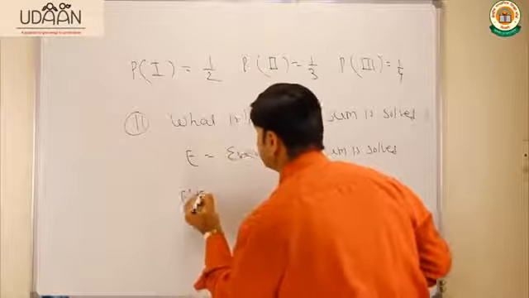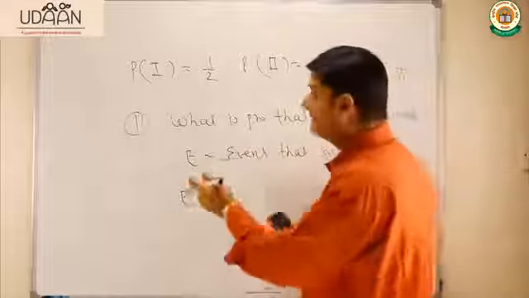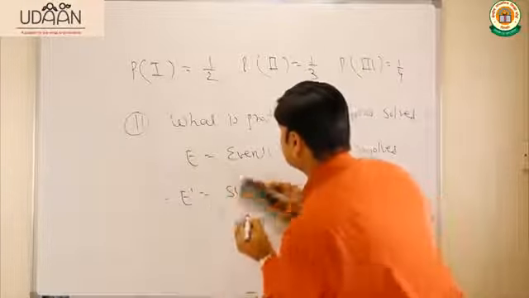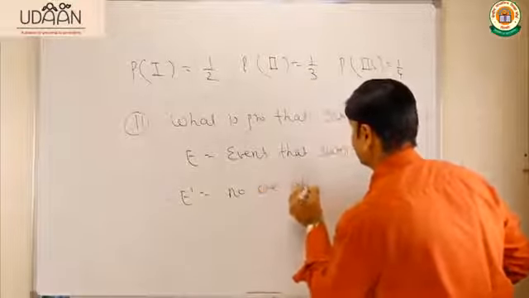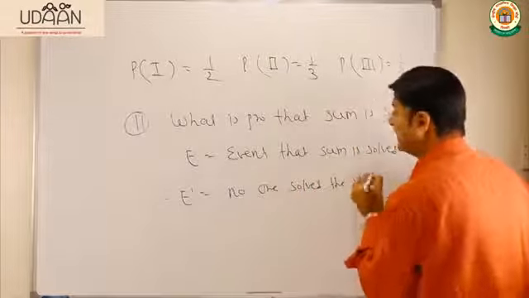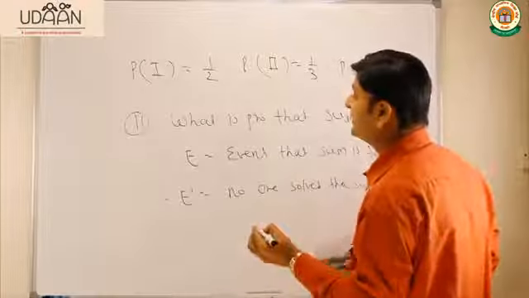Therefore, E complement is the complement of this event, that is, no one solved the sum. So we are going to calculate P of E complement, and from there we will go to P of E.